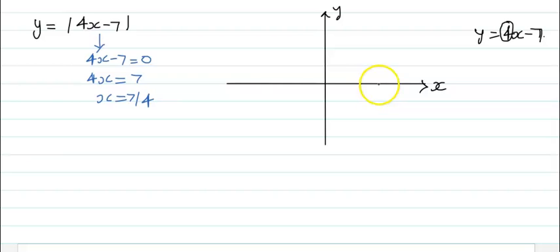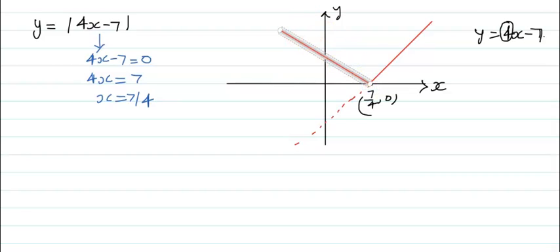Suppose this point is 7 over 4 and 0. So the line will pass like this, and it will go down. We don't need to see this dotted line, and immediately you just take a reflection along the y-axis and our complete line will be like this, and we'll get a V-shaped graph.